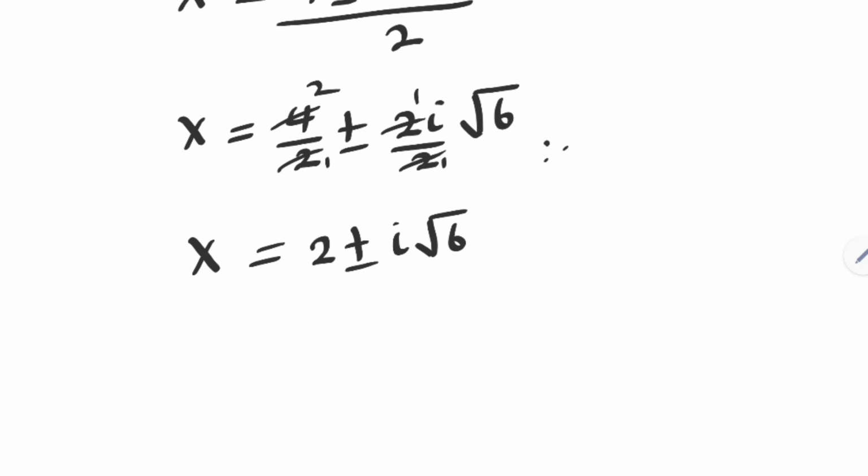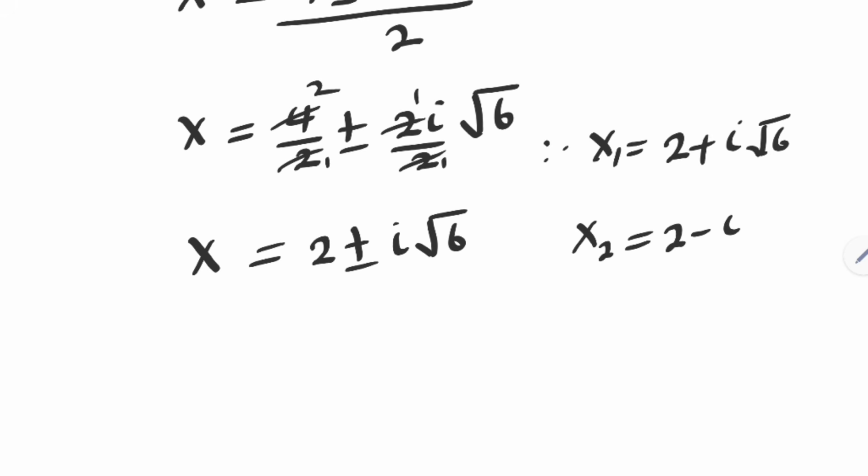Therefore, x1 is equal to 2 plus i root 6 and x2 is equal to 2 minus i root 6. These are the values of x.